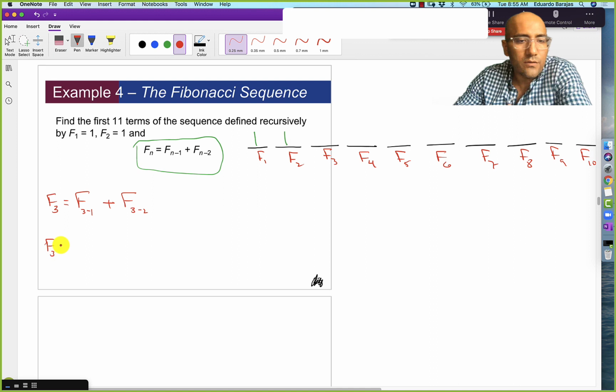So f of 3 is equal to f of 2 plus f of 1. It means to just add the previous two values. F of 1 is a 1, f of 2 is a 1. This one and this one both map to 1s. A 1 and a 1. So f of 3 is going to be equal to 2.